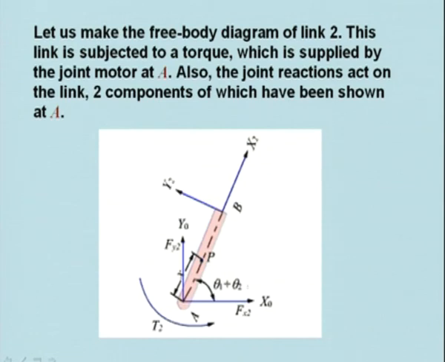We have shown Fx2 and Fy2 components, but we are not going to determine them. It is not necessary to determine the joint reactions, but I have shown them here.